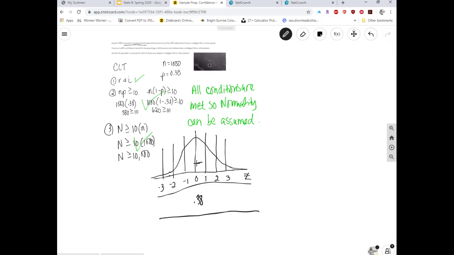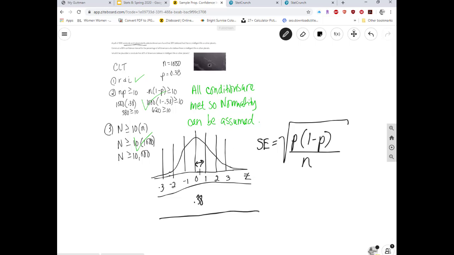Now I have to find this distance, and I can find that distance using the standard error formula. It says a poll of 1,000 randomly and independently selected Americans found that 38% believed in life on other planets.